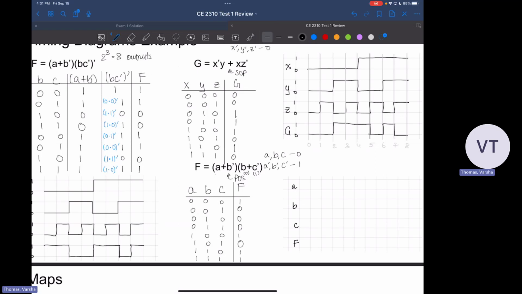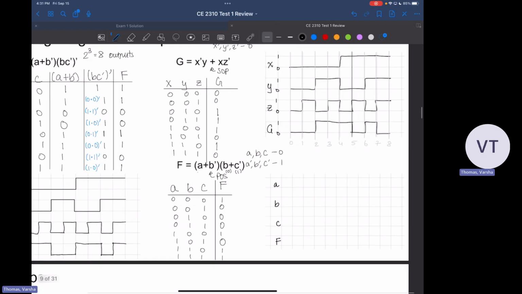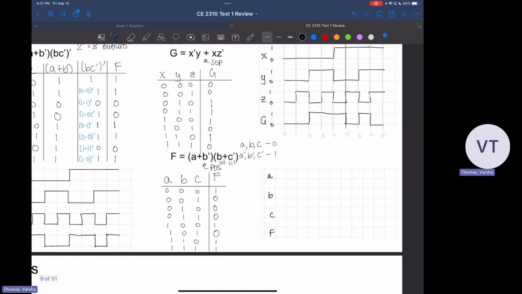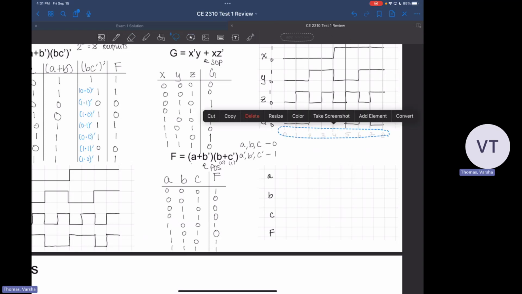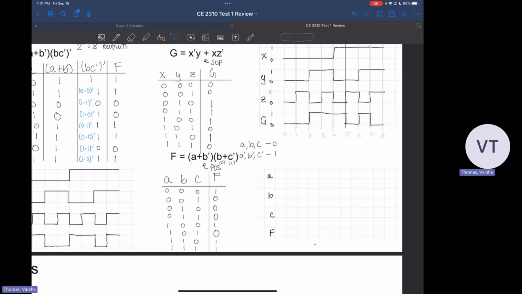All right, is everyone with me? Okay, and I'm going to just copy these lines over so y'all can see the same grid that I'm seeing. Okay, I think that's a little bit off. Okay, sorry y'all.